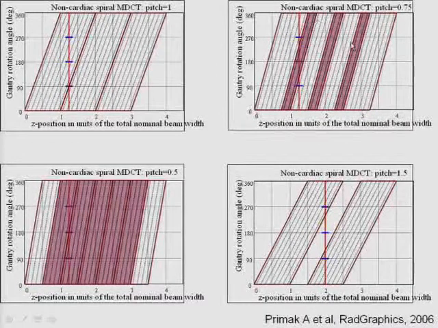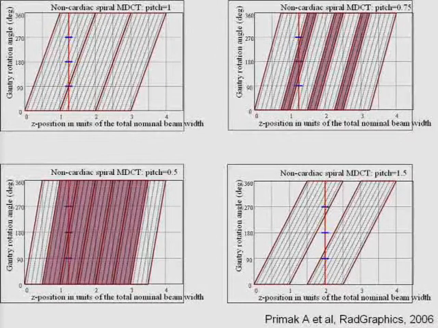You can see that when the pitch is less than 1, as shown here as the purple shadow region, those are the redundant data because of the overlap during the scan. And for the image reconstruction, we have to utilize those redundant data so that the radiation dose is not wasted.